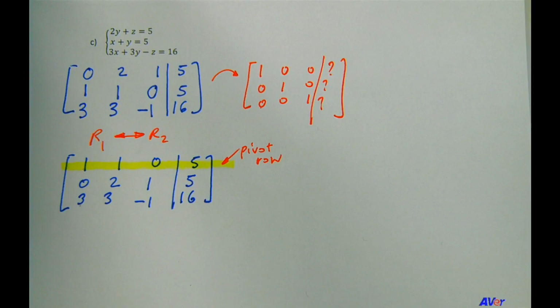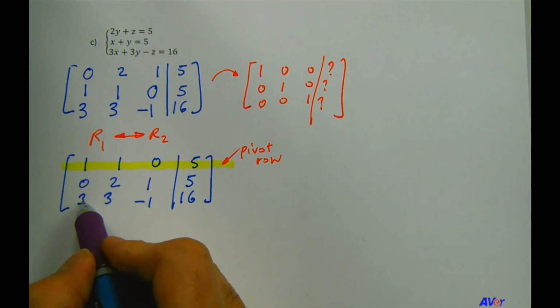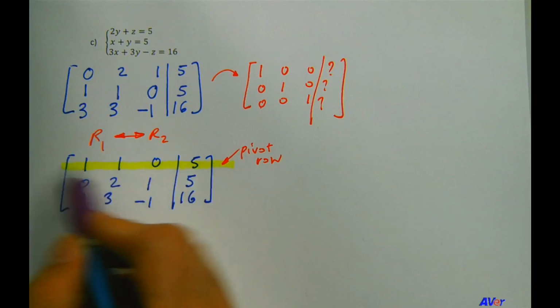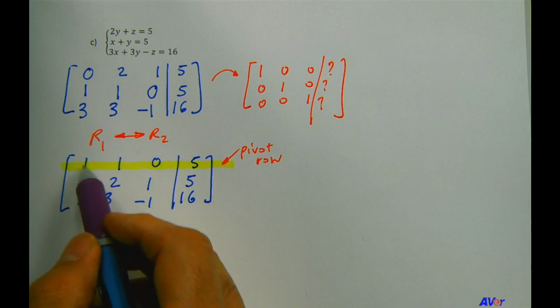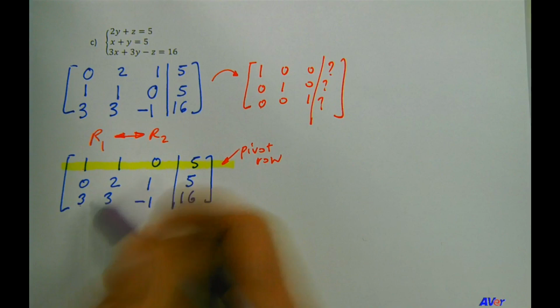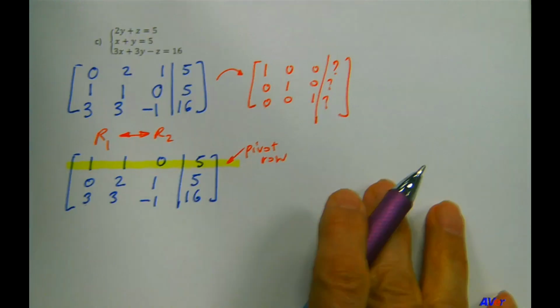All right? So how do we get a negative 3 to add to this positive 3 to get it to be 0? We can get the negative 3 from the first row by multiplying the first row by negative 3 and adding it to row 3. Okay, let's write down the operation for that.